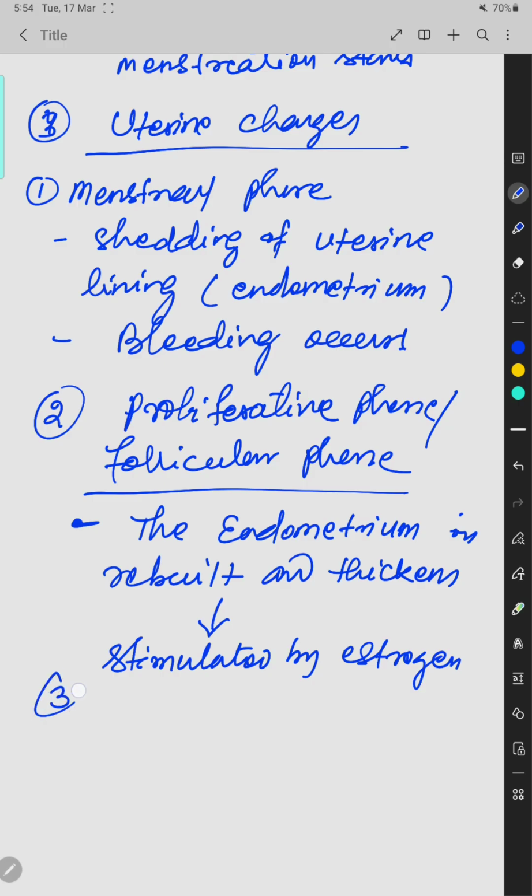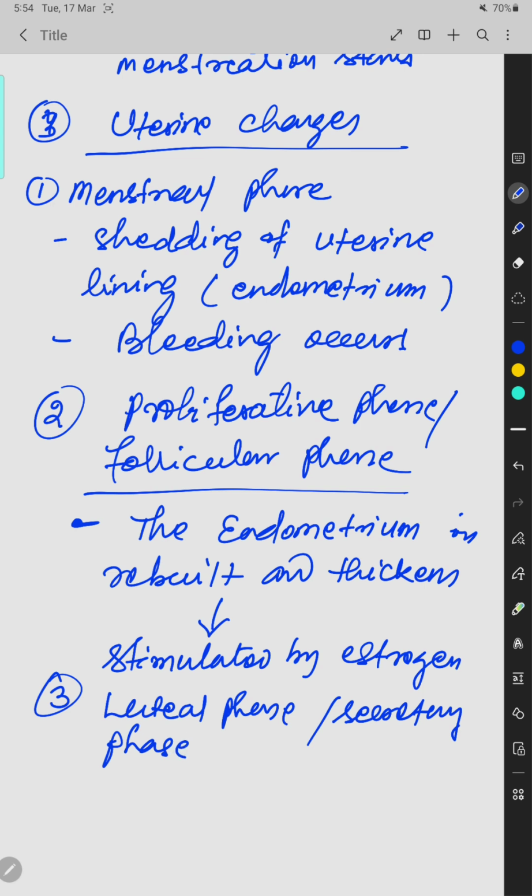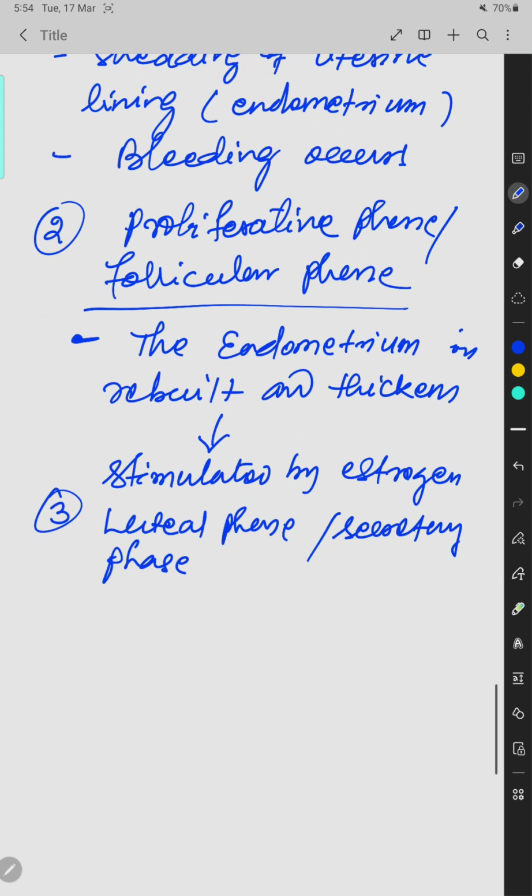Now come to the secretory phase, luteal phase or secretory phase. Why is it known as luteal phase? Because during this phase corpus luteum is formed. Now why is it known as secretory phase?